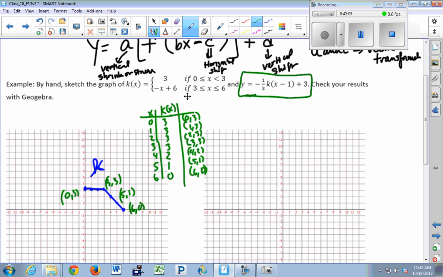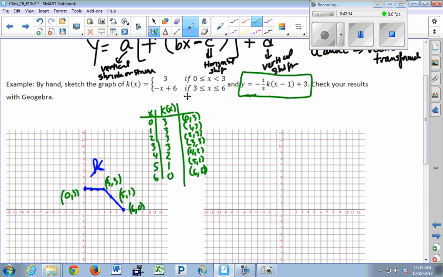So when you look at this function, you say, okay, what's happening? Inside the parentheses, my value of b is 1. No horizontal stretching or shrinking. That always confuses me, so I lucked out. Minus 1 tells me I shift right 1. So I'm going to take this entire blue function, and I'm literally going to shift it to the right 1 unit. That means I add 1 to all my x values.